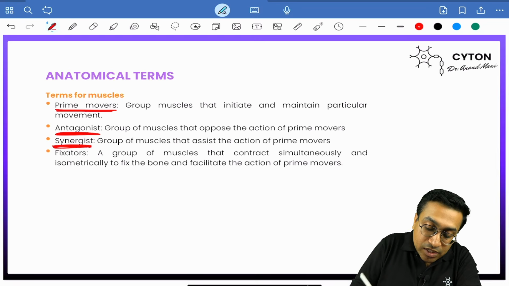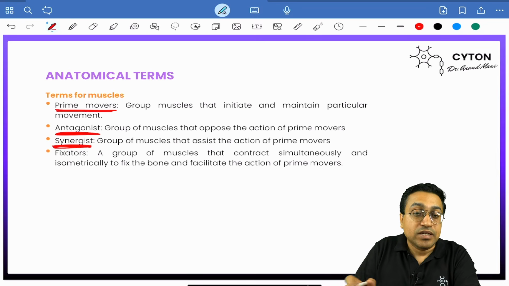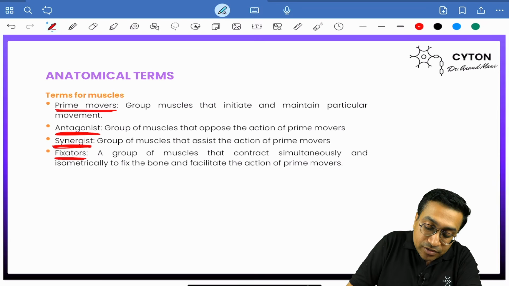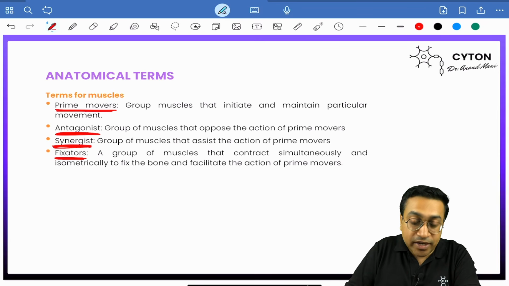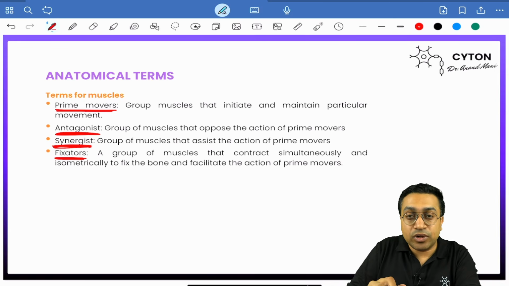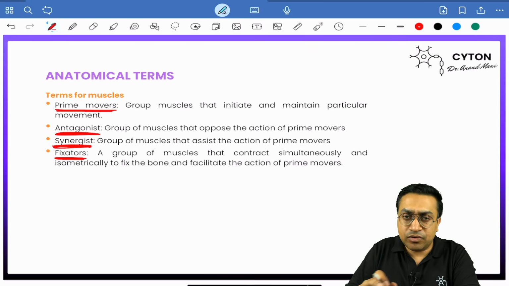Synergists assist the action of the prime movers, or you can say stabilizers, which stabilize the movement. Then you have the fixators, which contract simultaneously and isometrically to fix the bone and facilitate the action of the prime movers. That is the fixator. We will talk about it in detail later.